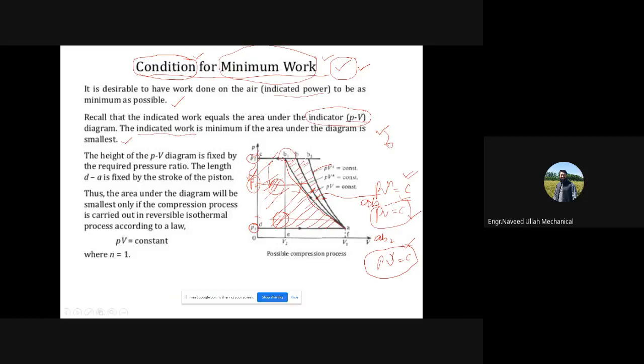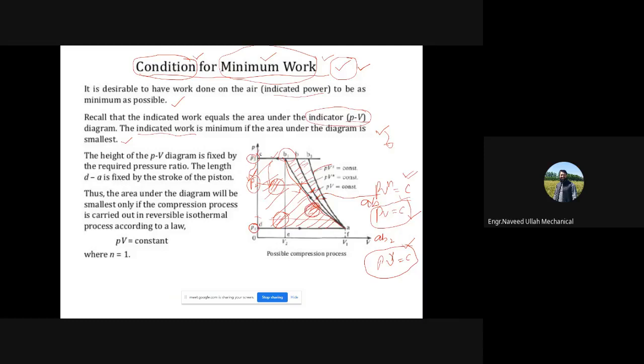So to summarize, if you want to minimize the work consumed by the compressor in this reciprocating air compressor, this process of compression should be what? Should be the isothermal process. ठीक है, ये क्या प्रोसेस होगा आपके पास?